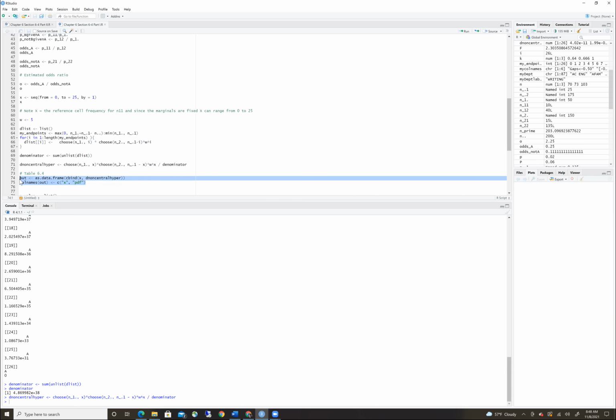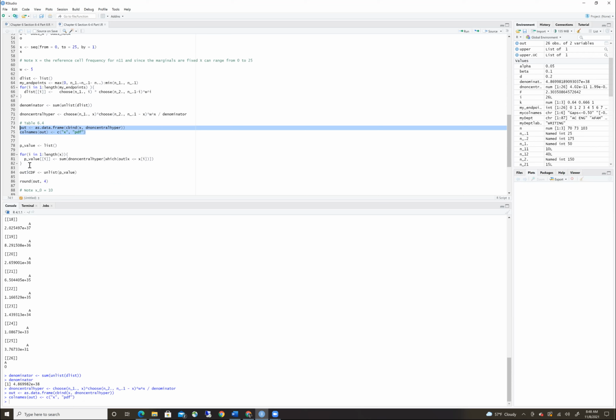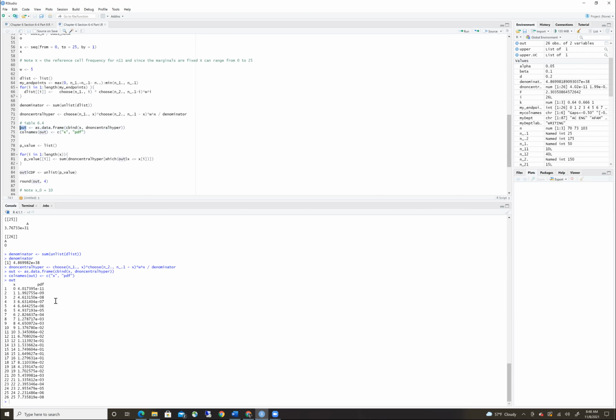That is giving us x and our PDF. If I look at this, it is looking very similar to table 6.4. Really, the only difference here is that I don't have the rounded values yet.